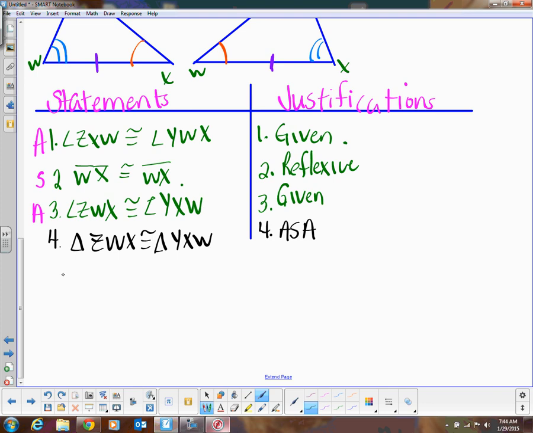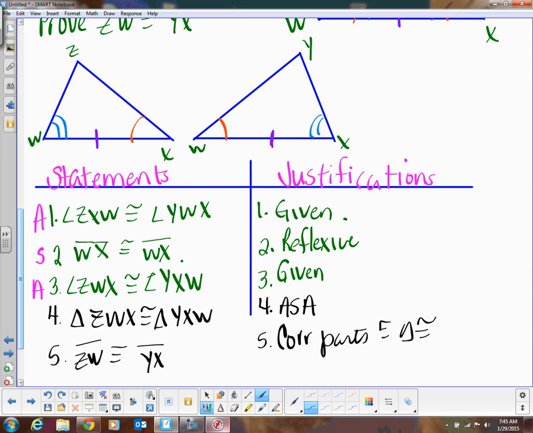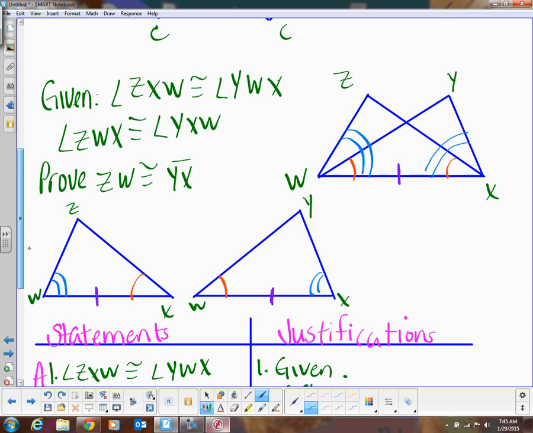Okay. So you said ZW is congruent to YX. Why? Yes. What do you think? What made this easy?